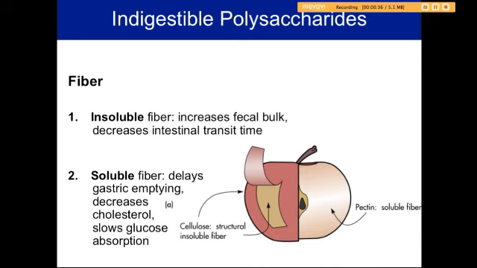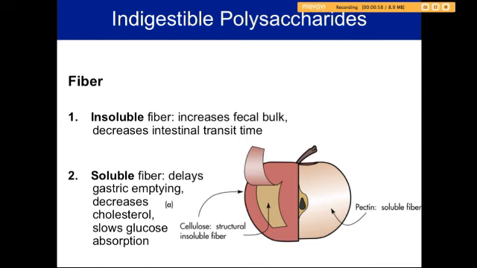Soluble fiber, on the other hand, delays the gastric emptying, which means it slows the gastric emptying, allowing more time for the bacterial flora to feed off of the fiber. It also attaches to cholesterol and helps excrete the cholesterol. It also slows glucose absorption, which we'll see a bit later on, that that's quite important.